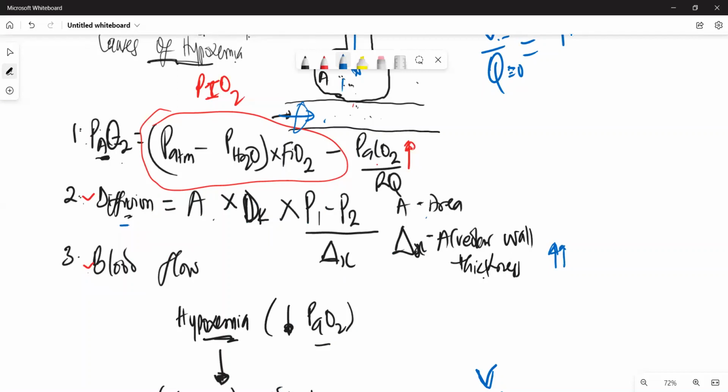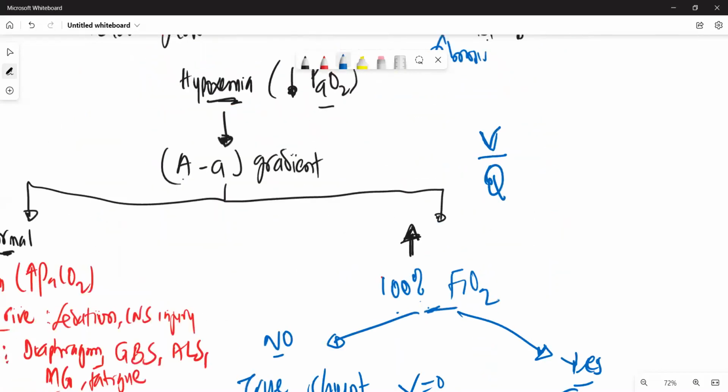The oxygen will not be able to diffuse through, right? An example is the case of fibrosis. And if the surface area is decreased, that will also decrease the amount of surface that we have for gaseous exchange to take place, and that will also decrease diffusion. An example is the case of emphysema, right?